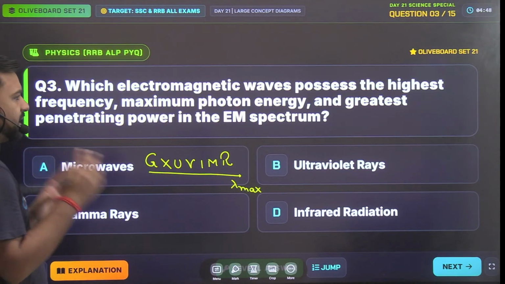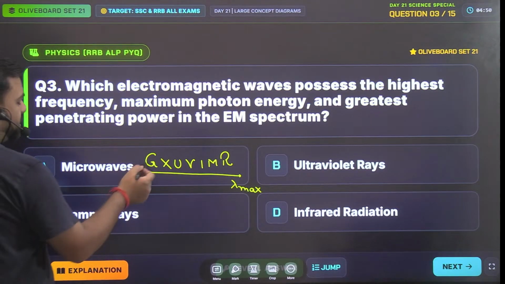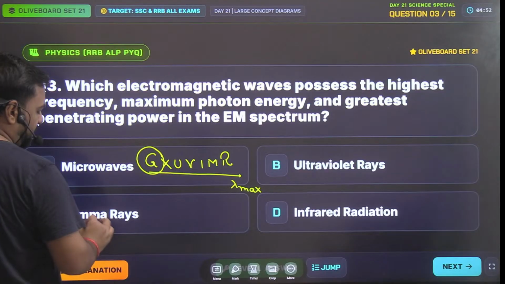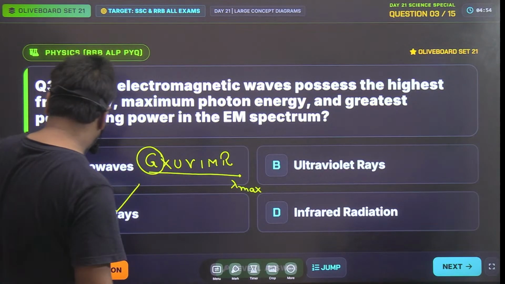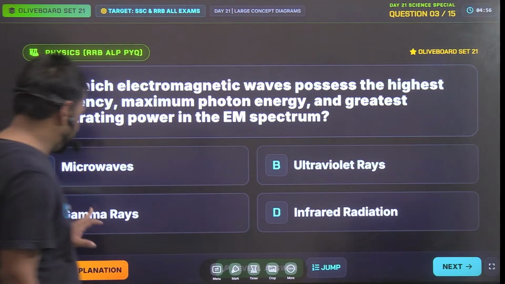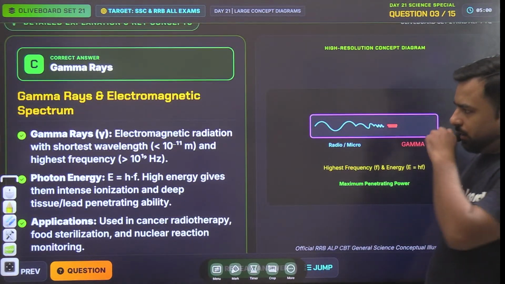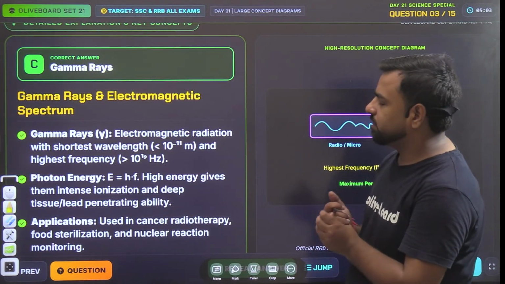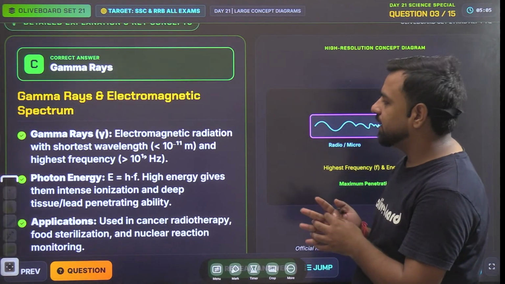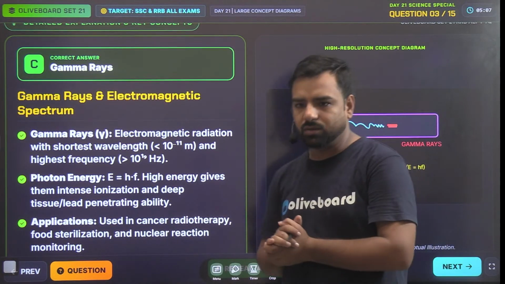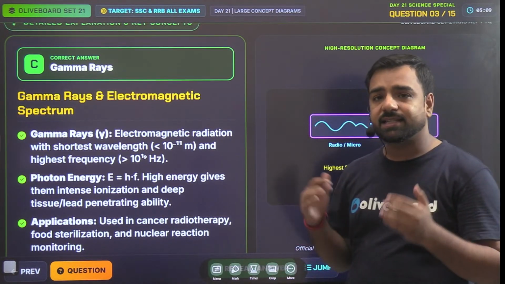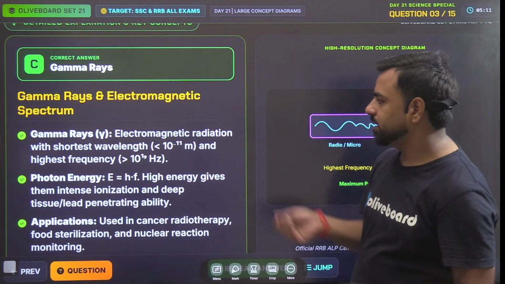And if someone asks you about the highest frequency, that would be of gamma rays. So here, gamma rays, that is option number C, is the correct answer. So we'll go with option number C. Okay, more about it. In electromagnetic radiation, the one with the shortest wavelength and the highest frequency is the gamma ray only, right? And which has the highest wavelength? Highest wavelength is for radio waves.